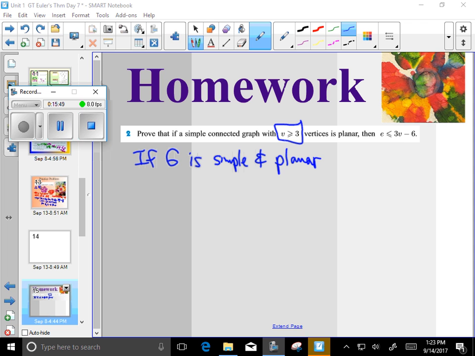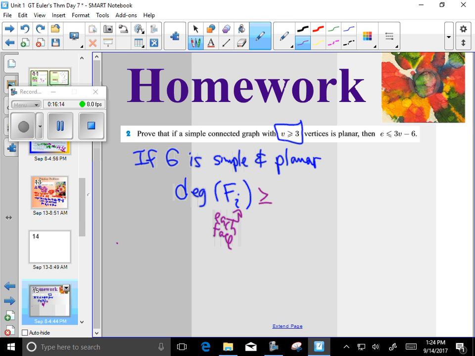tell me about the degrees of each face. Of each face that comes up. I'm going to write each face. What does it have to be greater than or equal to? 3, right?